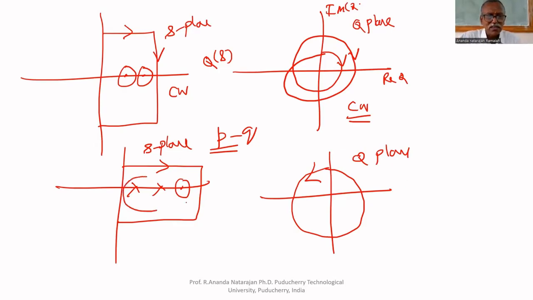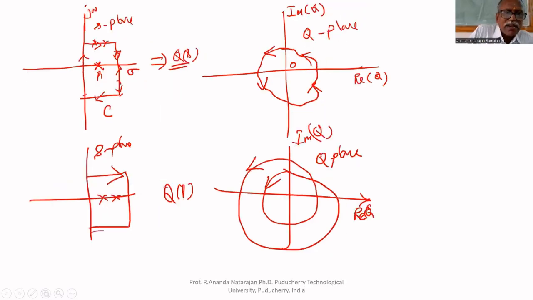How many inside? Three. But one pole and one zero get cancelled. That's why it will encircle the origin in the anti-clockwise direction. This is the basic concept for the Nyquist contour and the Nyquist stability criterion. This is mathematics, which will be applied for stability analysis of control systems.